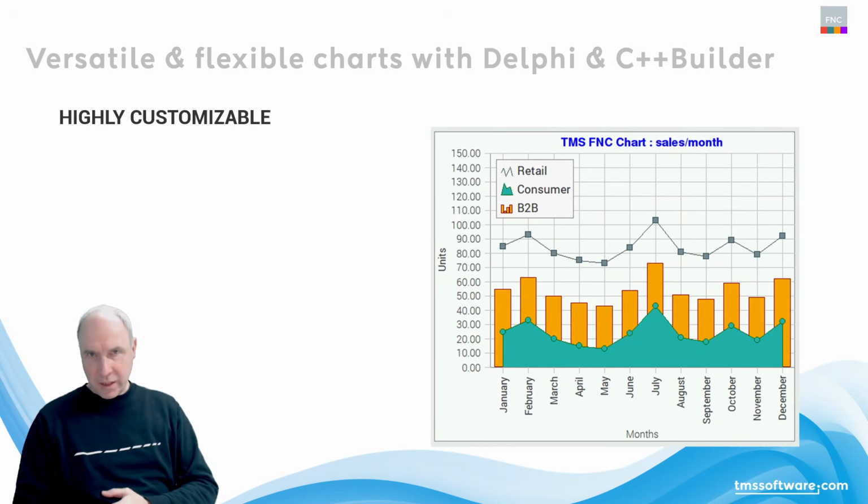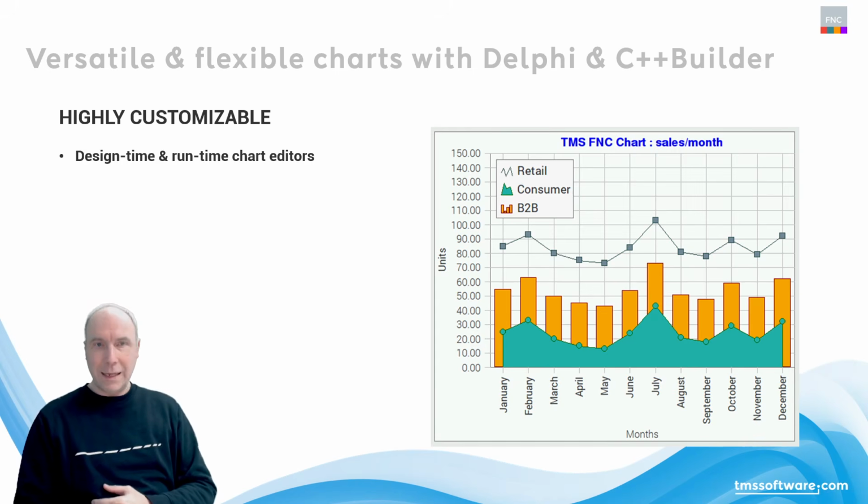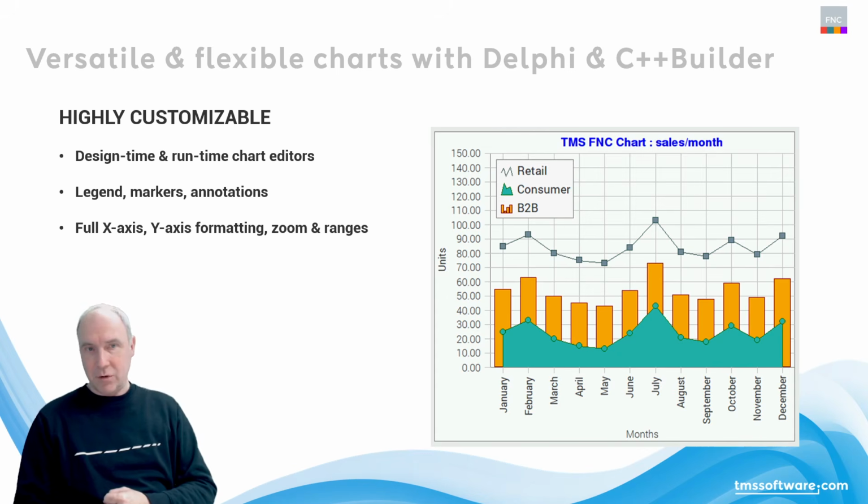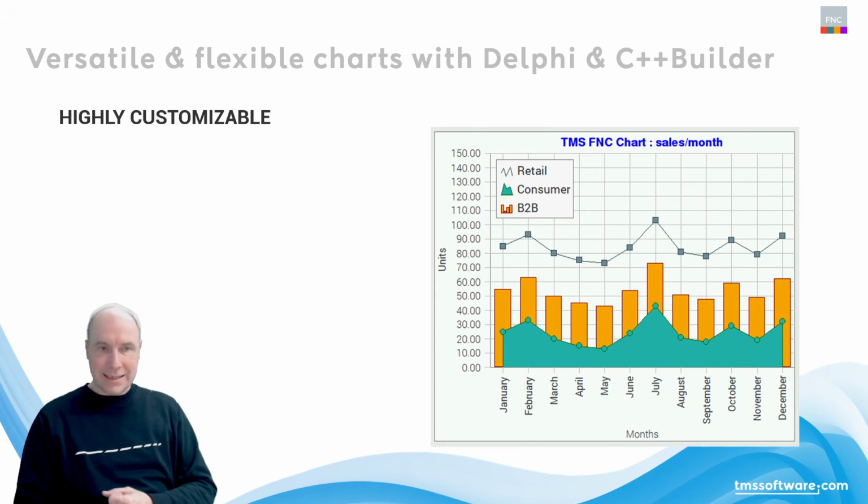Our FNC Chart is further highly customizable. It offers both design time and runtime chart editors. It has configurable legend, markers and annotations. You have full control over the x-axis and the y-axis, its formatting, how it arranges and zooms in these axes.